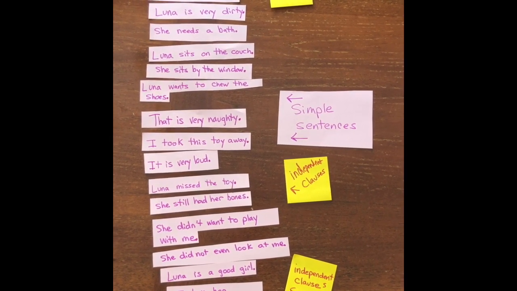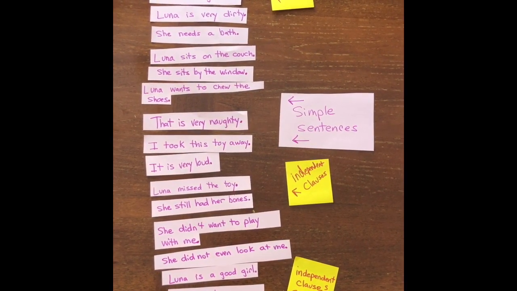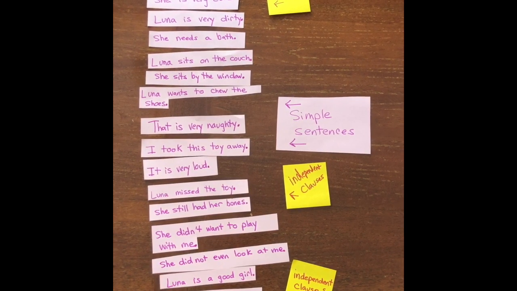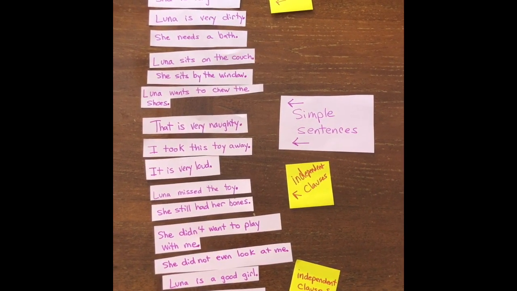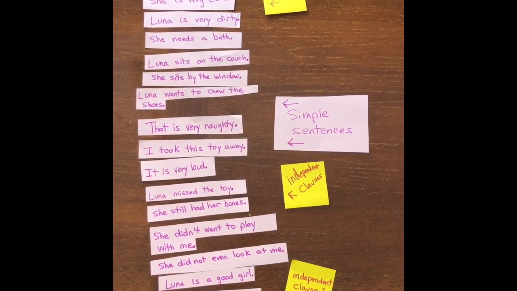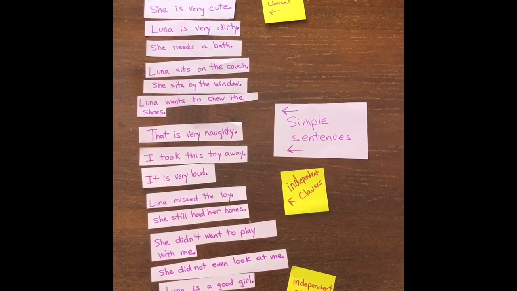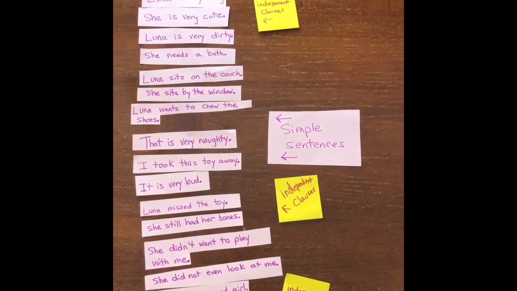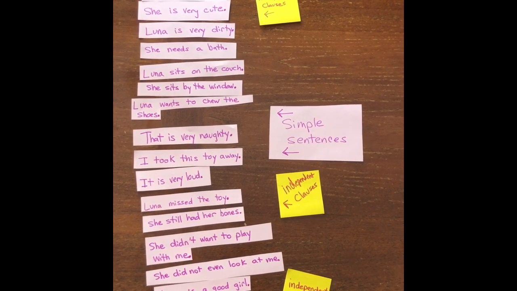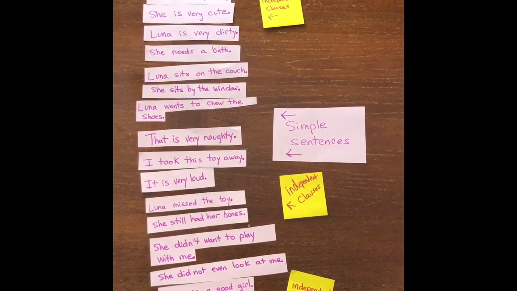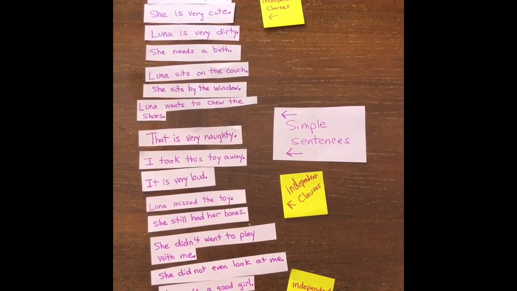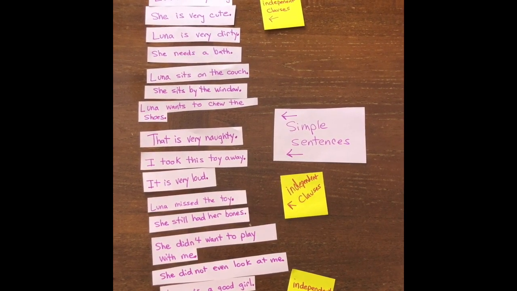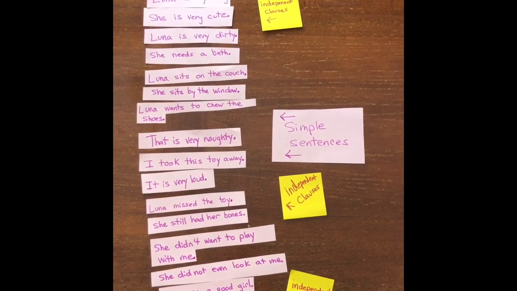Separately, each of these sentences is its own independent clause or simple sentence. When you read them as simple sentences, it sounds much more choppy. Luna is my dog. She is very cute. Luna is very dirty. She needs a bath. And so on.